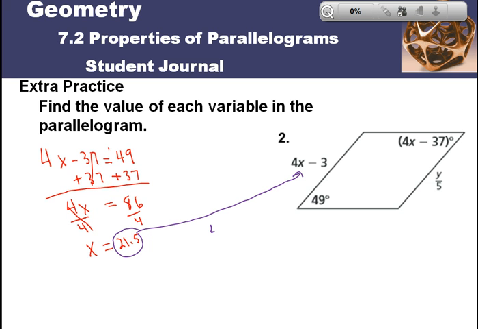Then I would get 4 times 21.5 minus 3. And 4 times 21.5 is 86. So I get 86, take away 3. And 86 minus 3 is 83. So I know that this side right here is 83 units.